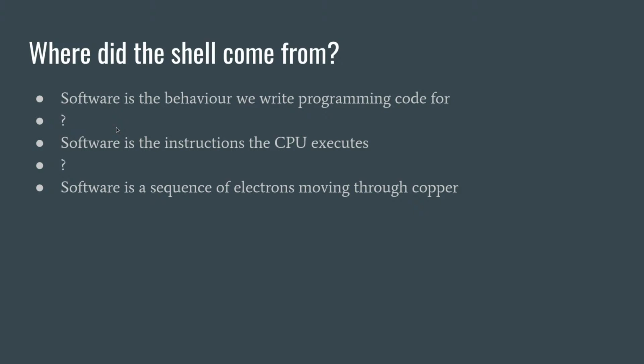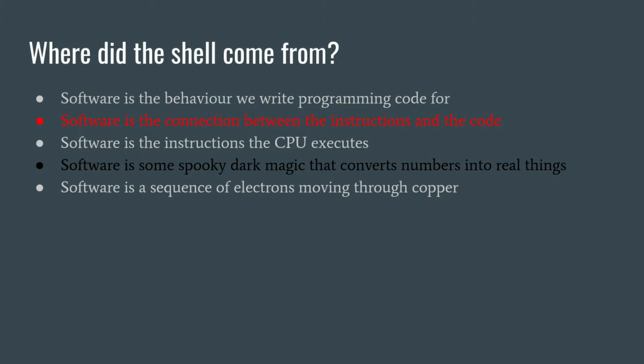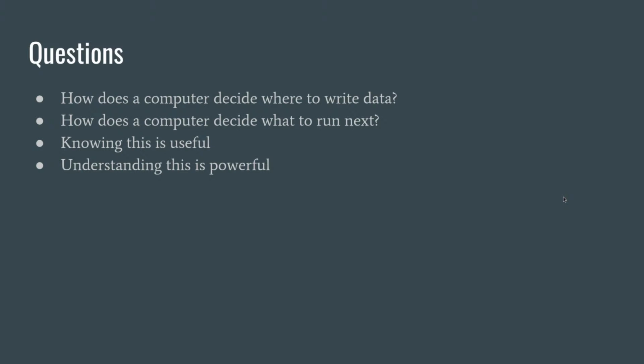So I will share this forbidden knowledge, and with it you can hack many computers. Where does the computer decide to write data? How does the computer decide what code to run next? Knowing the answer to these questions can be used to fix a large number of bugs in software, but actually understanding this answer allows us to take advantage of it.